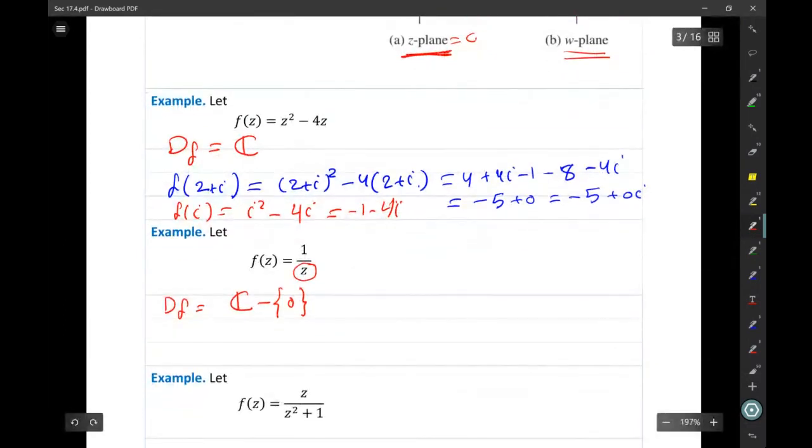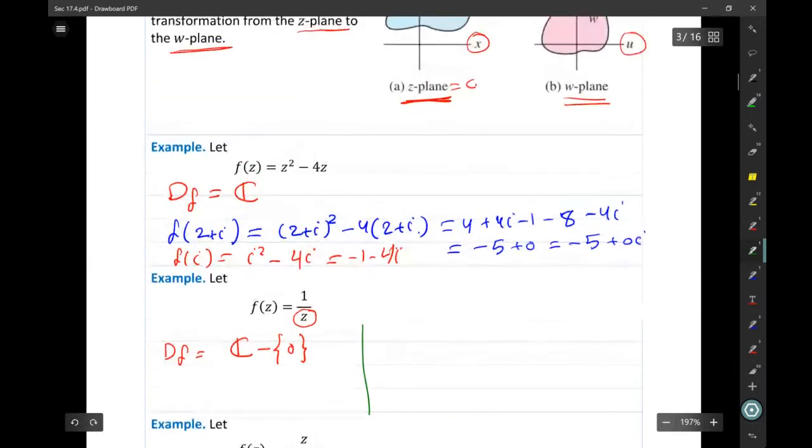Let's take some examples on this. If we want to find f of i, it means 1 by i. We calculate this one, and it becomes minus i. F of 1 is also 1 by 1, which is 1.